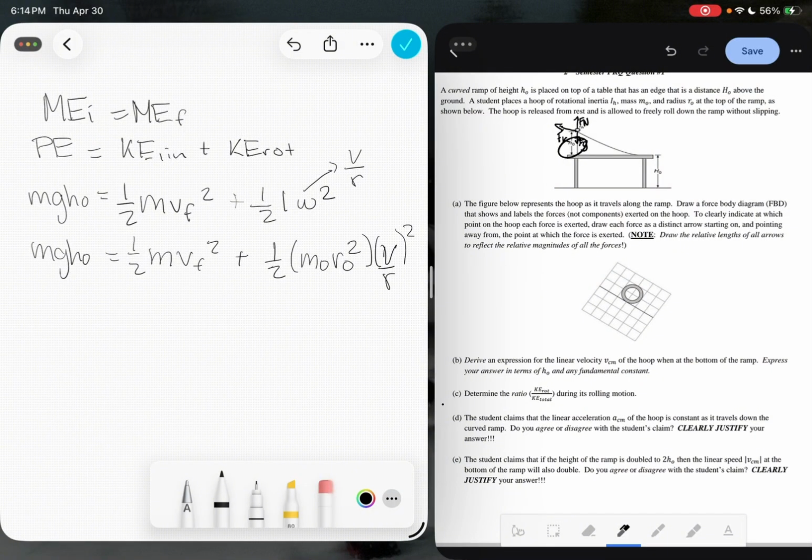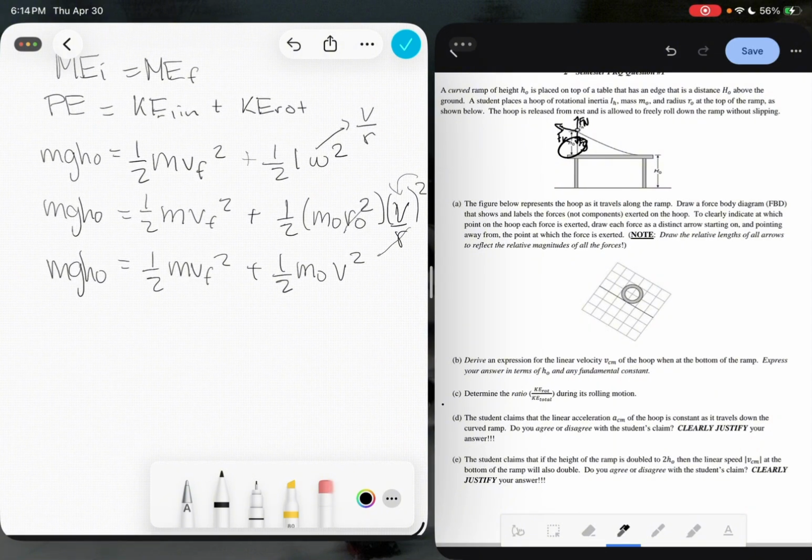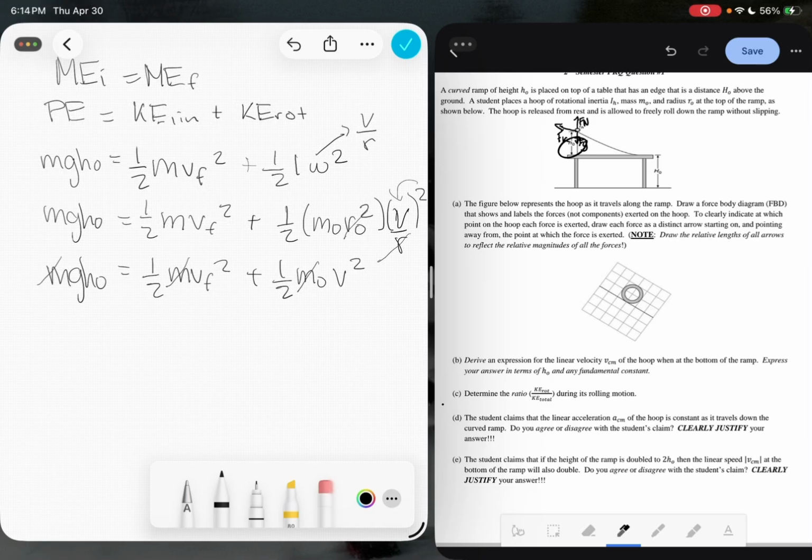And this is gonna cancel, so MGH naught equals 1/2 M VF squared plus 1/2 M naught V squared. And the M are on both sides, so I'm just gonna cancel that out. So this equals GH naught equals 1/2 VF squared plus 1/2 V squared.